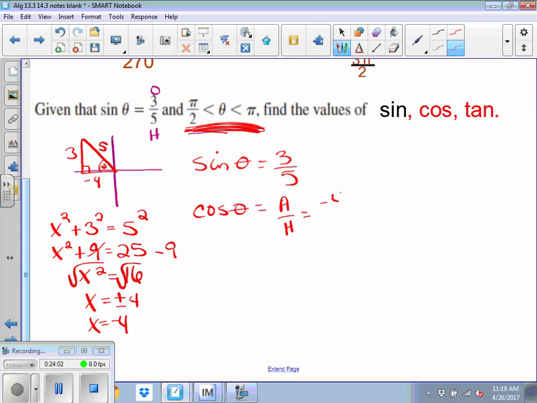And hypotenuse is 5. And tangent is opposite over adjacent. What's opposite theta? 3. And what's adjacent? Negative 4. So they generally won't put negative in the denominator. They usually just put it out in front. But it's not wrong if you just leave it 3 over negative 4.